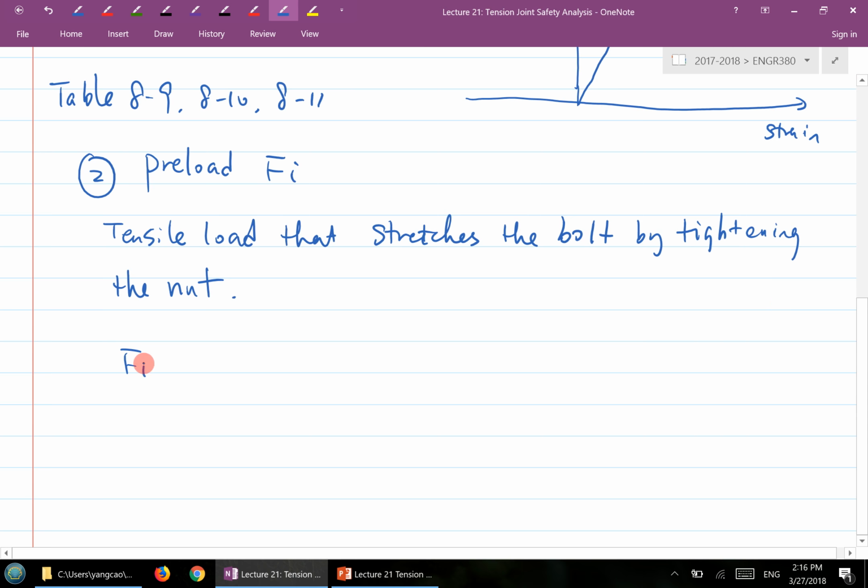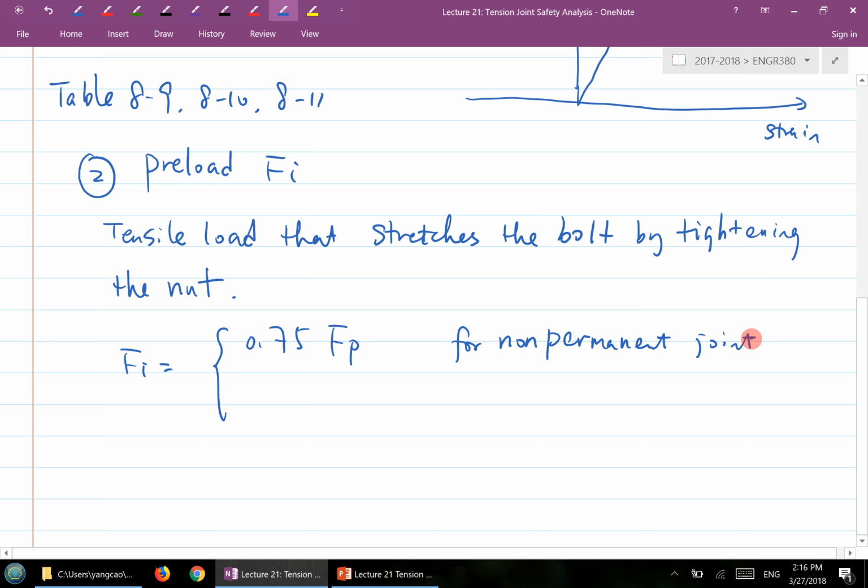So how do I apply the preload then? Here's a guideline. We have two different types of joints. If it's a non-permanent joint, we can apply our preload as 0.75 times the FP.